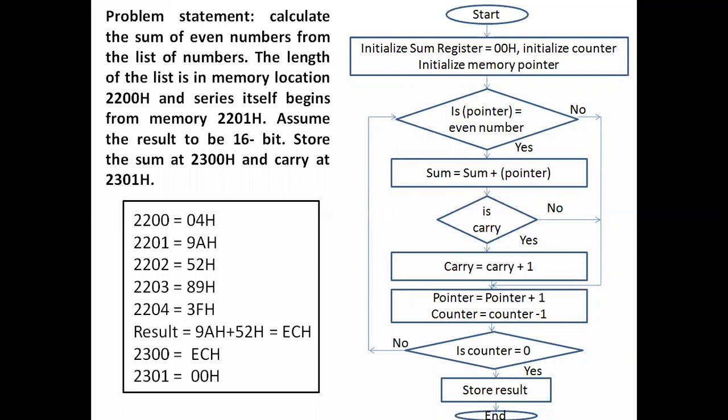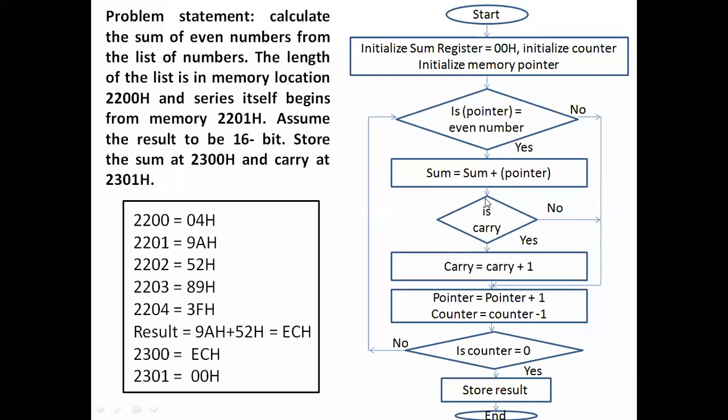Once the initialization is done, we will find out whether the first number is an even number or not. If it is an even number, we have initialized the sum register, so we will add the initial sum with the even number, and the sum will be updated.